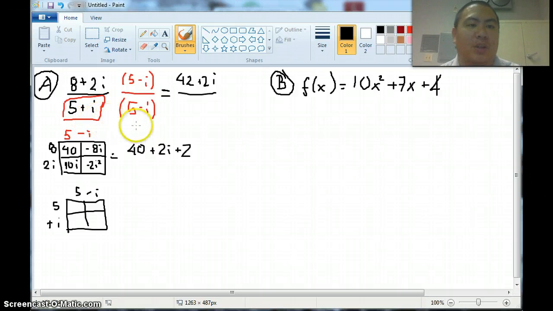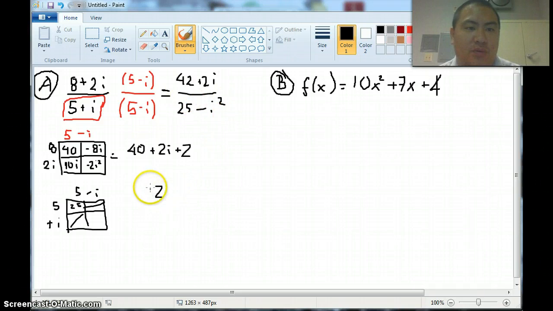The middle terms actually cancel out, like the negative 8i and 10i did before. So 5 times 5 gives me 25, and that would be my top left box. The negative i and positive i would be positive 5i and negative 5i, and they're going to cancel out. And then lastly, you multiply these two, positive i times negative i, which gives you negative i squared.